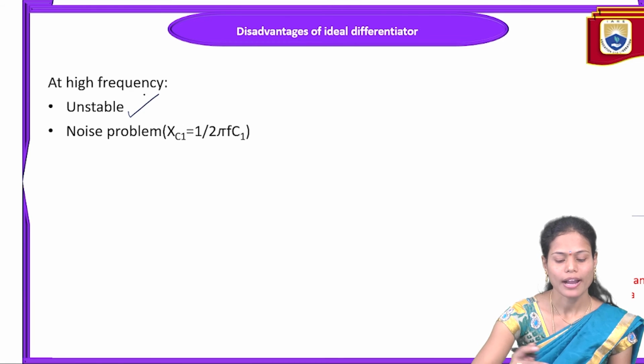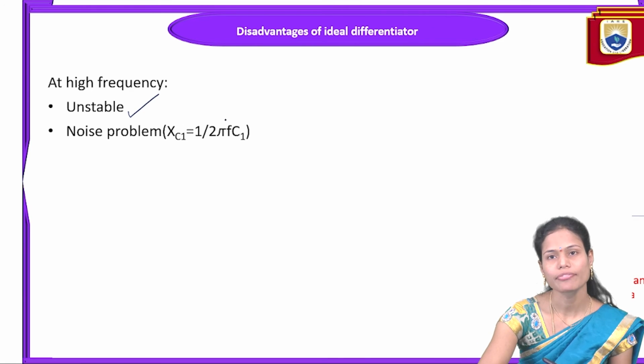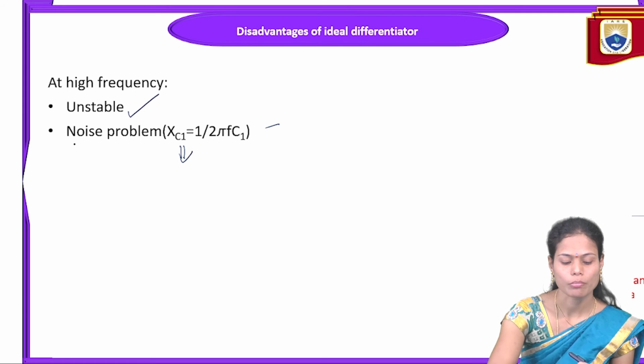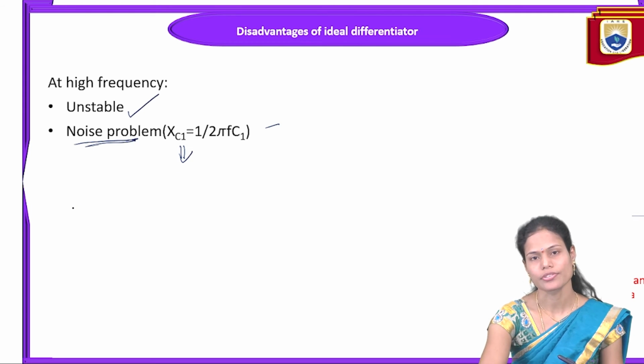And along with that, at high frequencies, the reactance of the capacitor is decreasing here. Once the reactance of this capacitor C1 is decreasing, there is an effect of noise problem in the ideal differentiator.